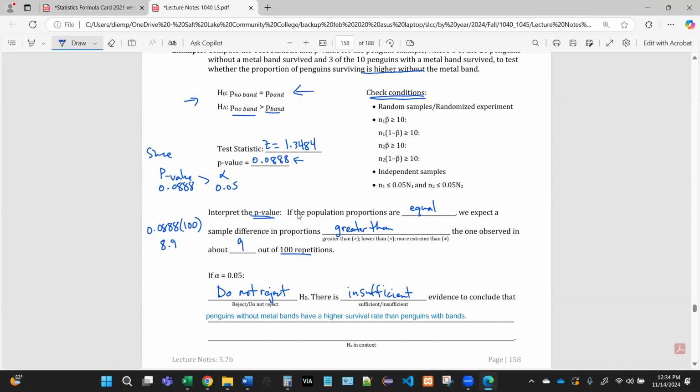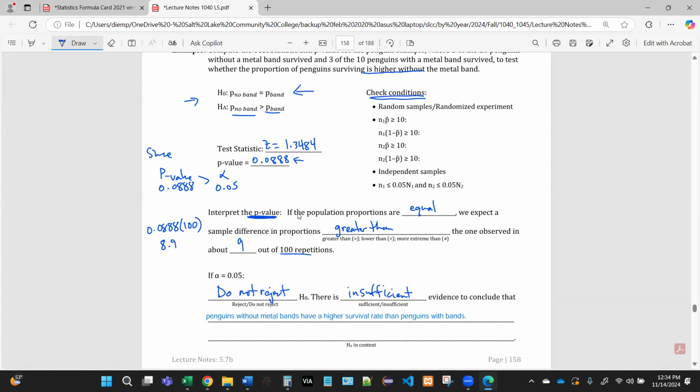So 9 times out of 100, we would get this difference or more just by chance. And that's why we're not rejecting, because that's not really sufficient to prove that there's a difference between the two groups.